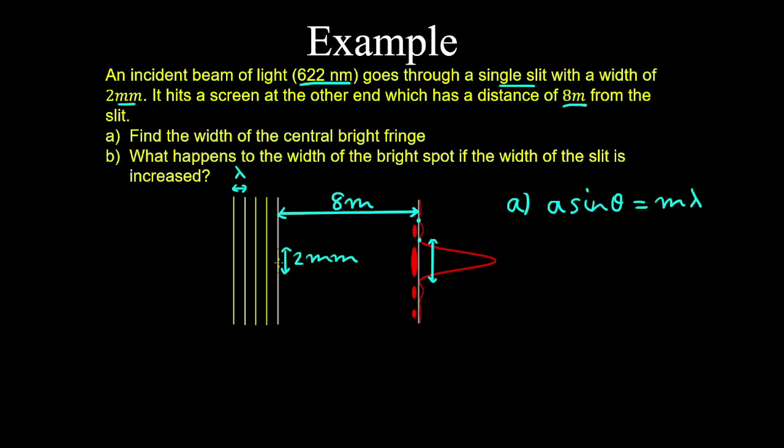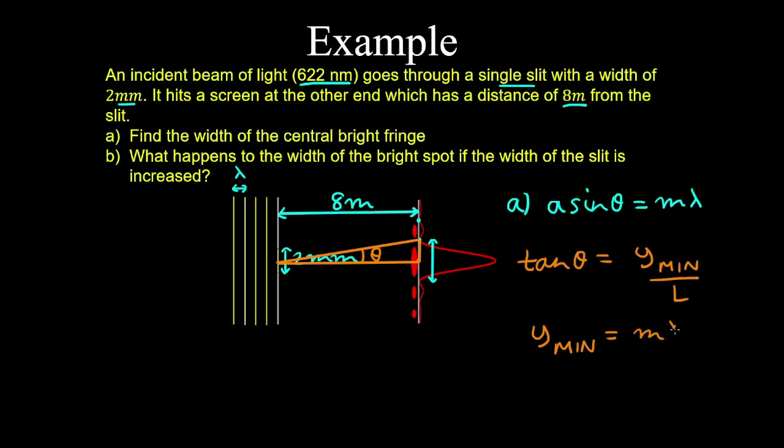And recalling that y min was the distance from the center of this fringe to each minimum, then the tan of this angle theta was equal to y min on the distance to the screen. And then using our small angle approximation, tan theta was approximately equal to sine theta, and we derive the formula y min is equal to m lambda L on the width of the aperture.